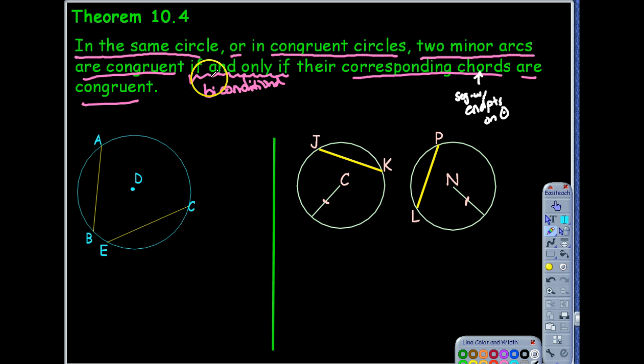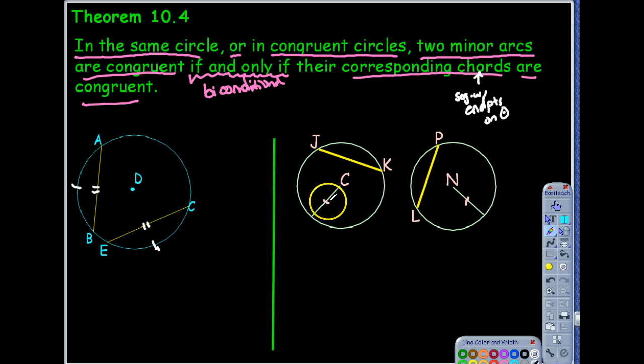So this theorem, and again, it works both ways, says that if the arcs are congruent, then the chords will be congruent. So if the arcs have the same lengths, the chords will have the same lengths, and it works both ways. So if the chords are congruent, then the arcs will be congruent. Okay, that kind of makes sense.